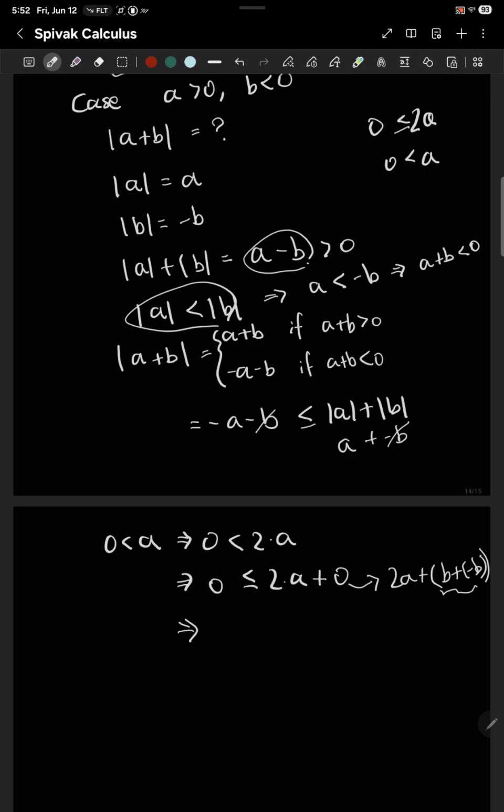And then that is the same thing as saying b is less than or equal to 2a plus b, right? Alright, so now we can do b minus a plus b, because we're removing 1a from it.